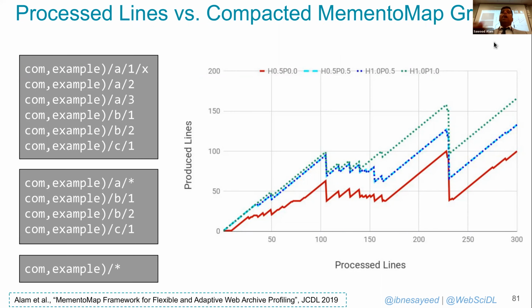The way it works is that it ingests a list of URIs and the output file grows linearly, and then when a roll-up happens, the output size drops down, and then increases again and drops down again. So overall there will be a growing trend.